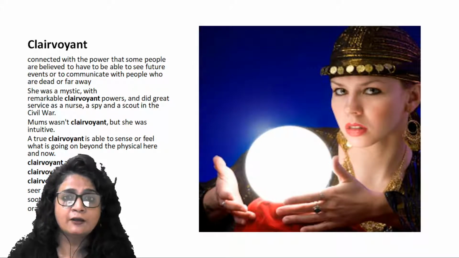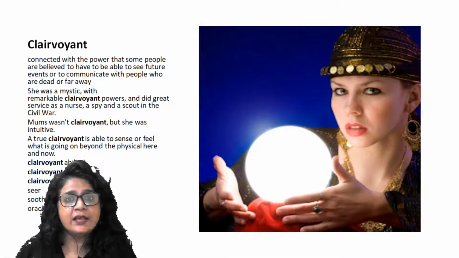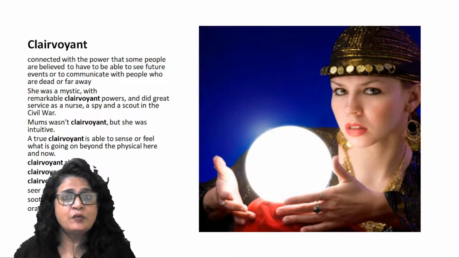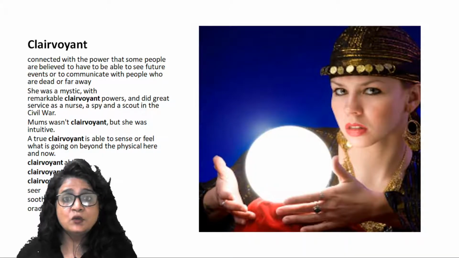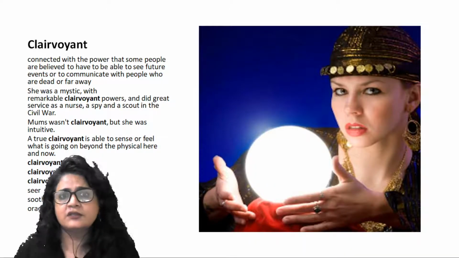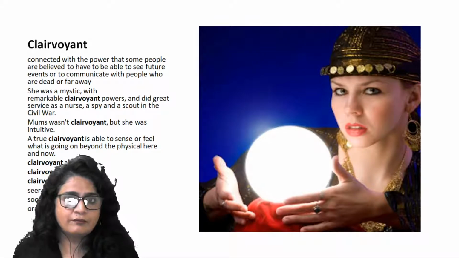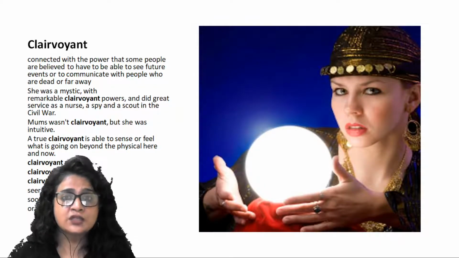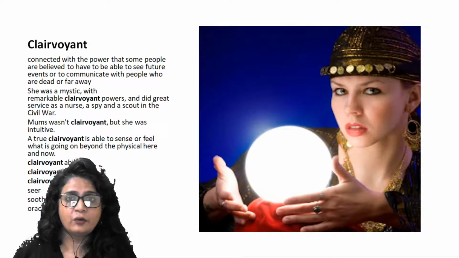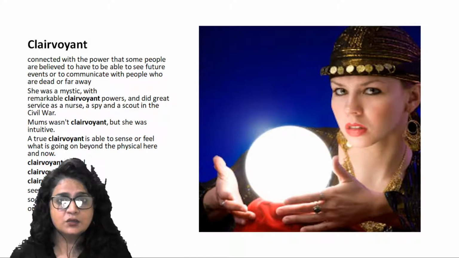Political soothsayer, so somebody who has the insight and input about future of a political party, that this party is going to win the election, this party is going to lose the election, this candidate has bright future, this candidate is destined to do well. So that way, soothsayer can also be used in different ways. Financial soothsayer, political soothsayer.